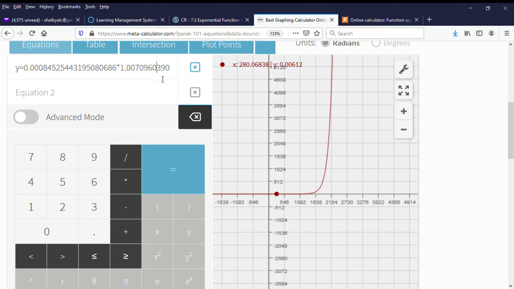Also I need to go back to the end and make sure that this says to the power of x, not multiplied by x or beside it. The way to tell the computer that this is to the power of x is Shift 6. This symbol is called a caret, and it looks like a little hat. So it'll know it's 1.07 to the power of x.